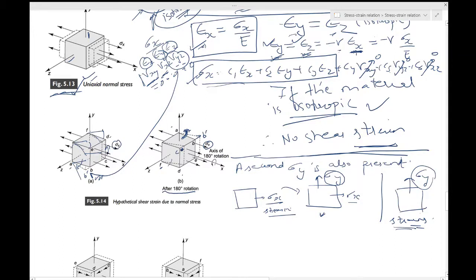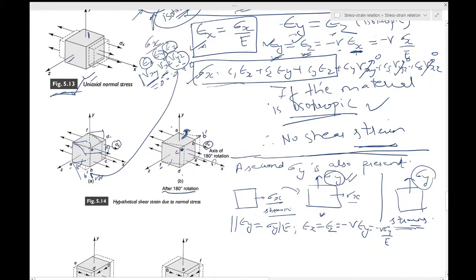Okay, so in this case you would have an epsilon y that would be sigma y by E. Then you would have an epsilon x and epsilon z of minus nu sigma y by E. So these are the additional strain components which would come into play because of this new sigma y, which is acting in addition to the existing sigma x.